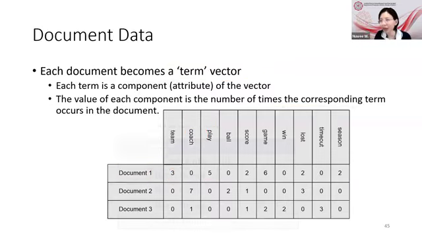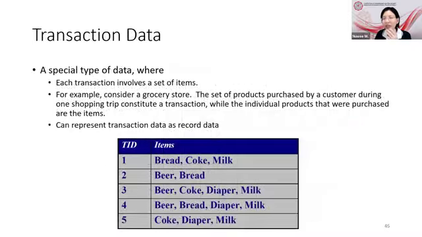Okay. Another form of record data is transaction data. This is a special type of data. In each transaction, you have a transaction ID. For example, in a grocery store, each time you go to the grocery, you buy things in the basket, right? And once the customer checks out from that basket, you will get this information in your transaction: the transaction ID and the items that they purchased.